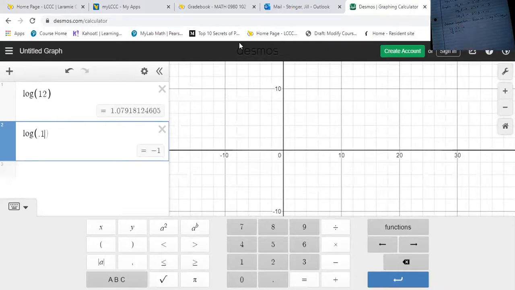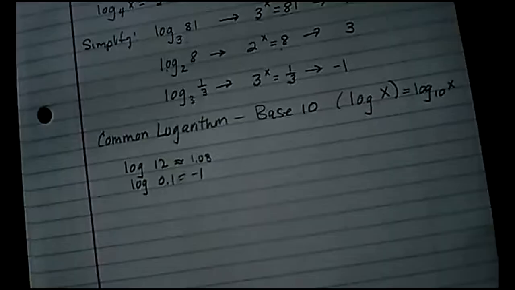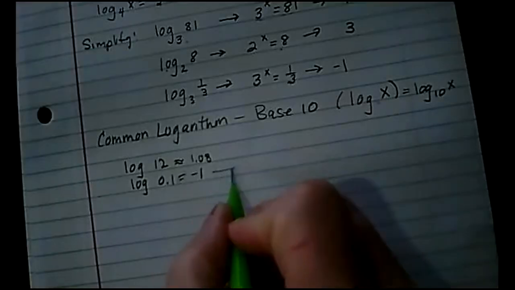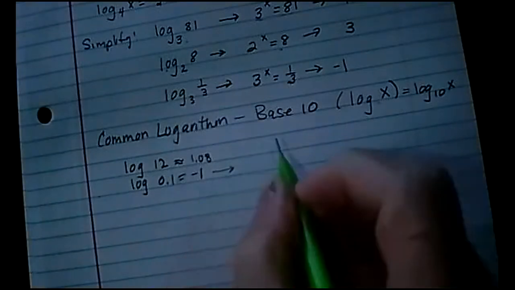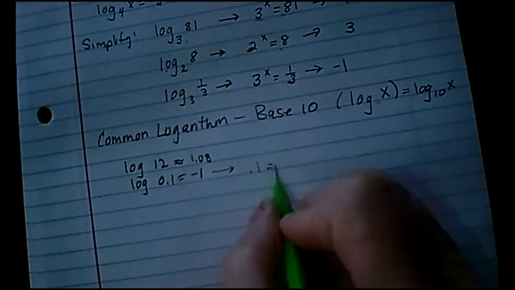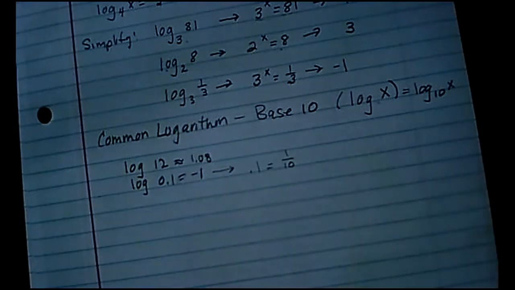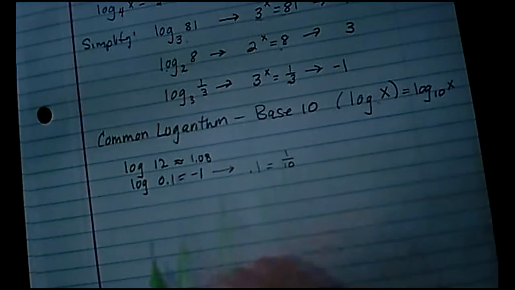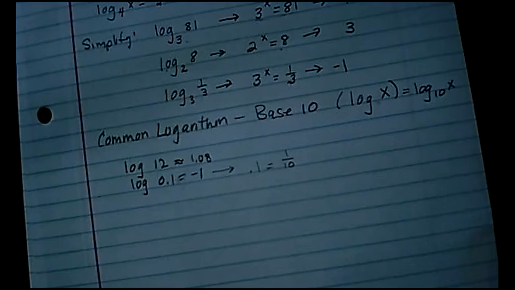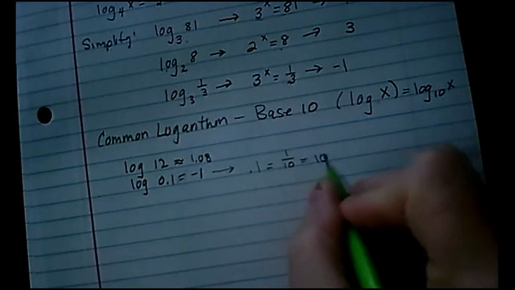I want to take you back here for just a second and show you the notes. So this is -1. I want you to think about that, because would you agree that 0.1 equals 1/10, right? And so 10 to what power gives you this 1/10? Well, it's to the -1 power. So that equals 10 to the -1.